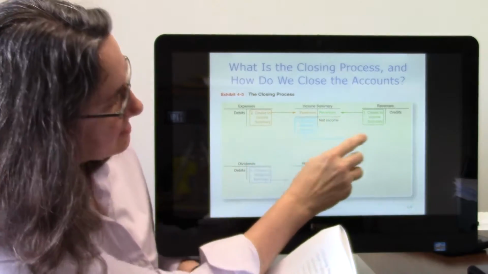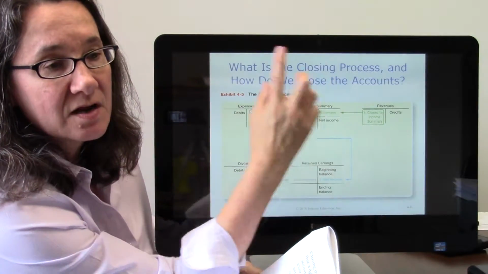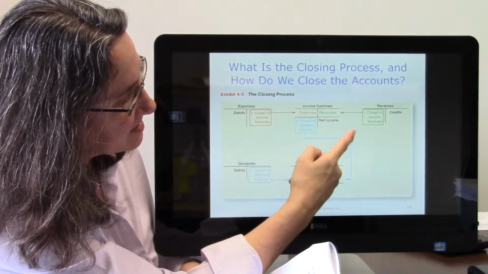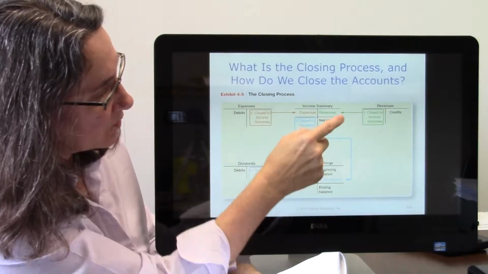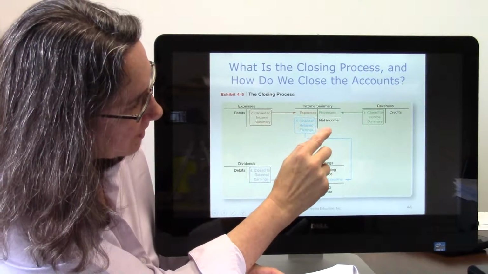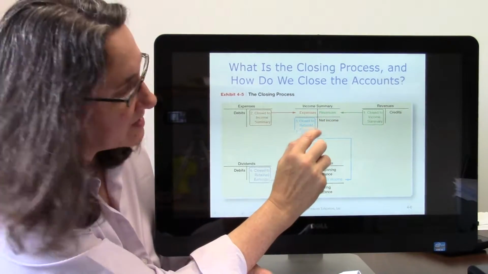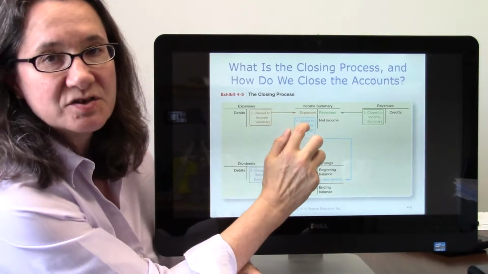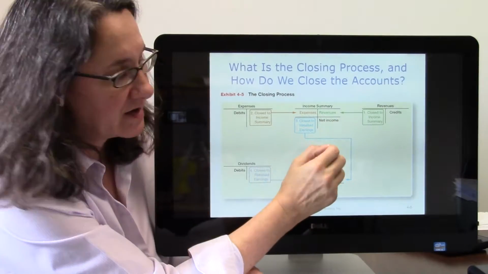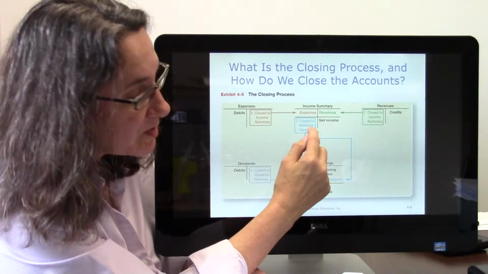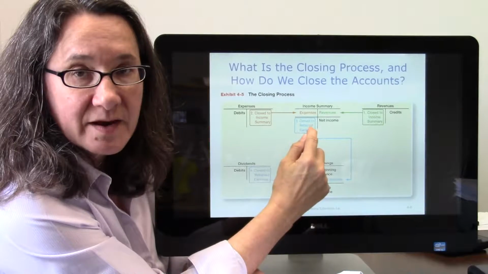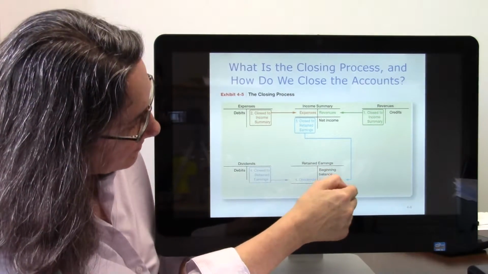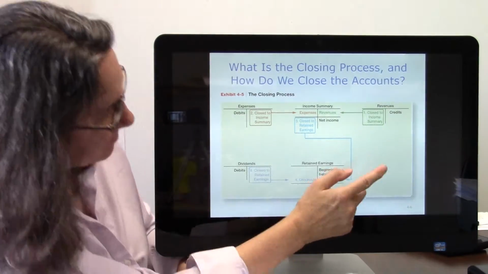So what happens is we close our revenues to income summary, we close our expenses to income summary, and then there's the difference between these two, right? Presumably the revenues will be more than the expenses, so you'll have a balance that you need to make up for. That's the difference, which is the net income. So you're going to probably debit that amount because it's probably a net income, and then you'll credit retained earnings, right?